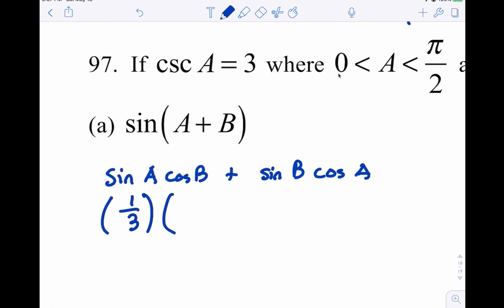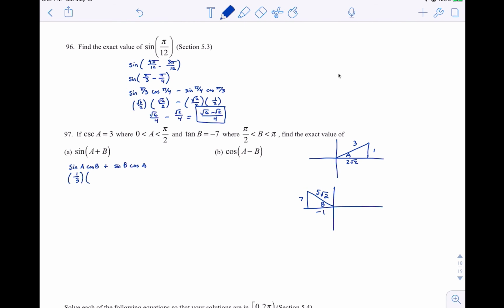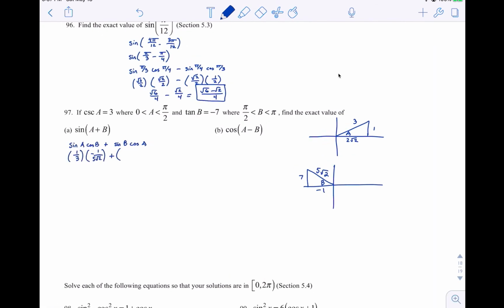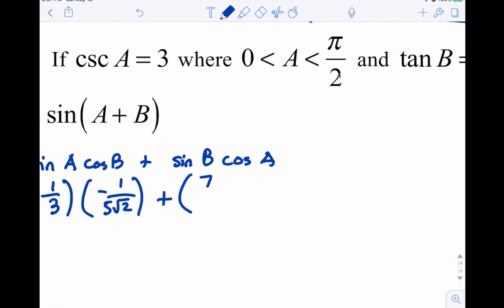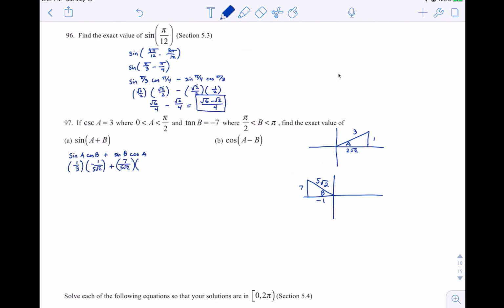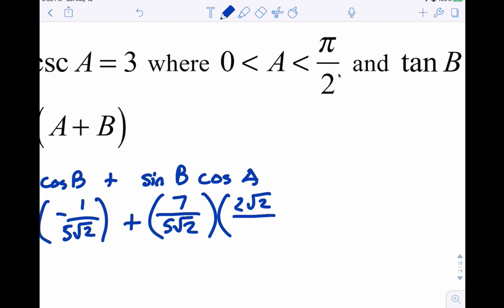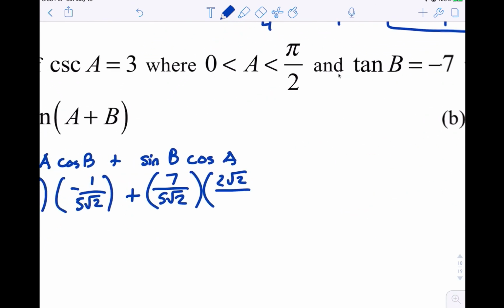Cosine B is going to be negative 1 over 5 root 2, plus sine of B is going to be 7 over 5 root 2 times cosine of A, which is 2 root 2 over 3.